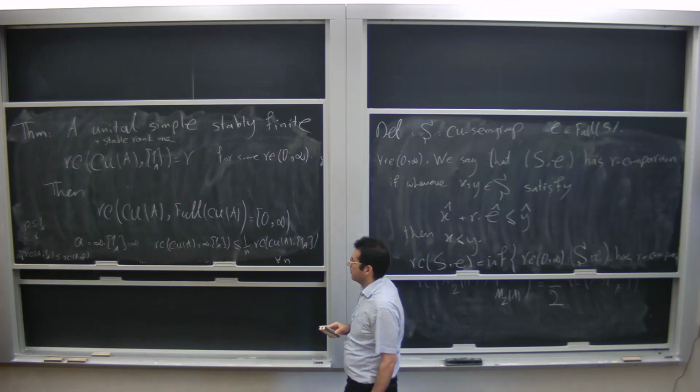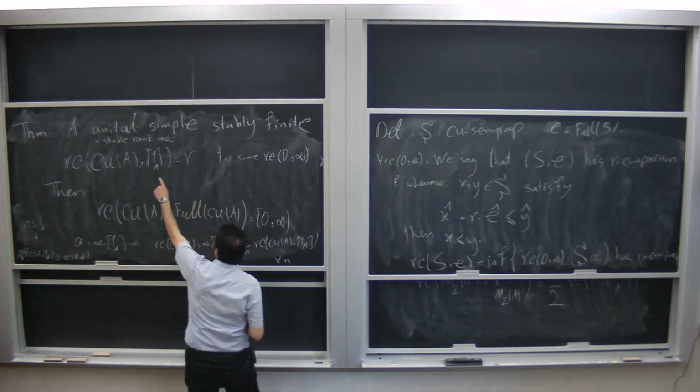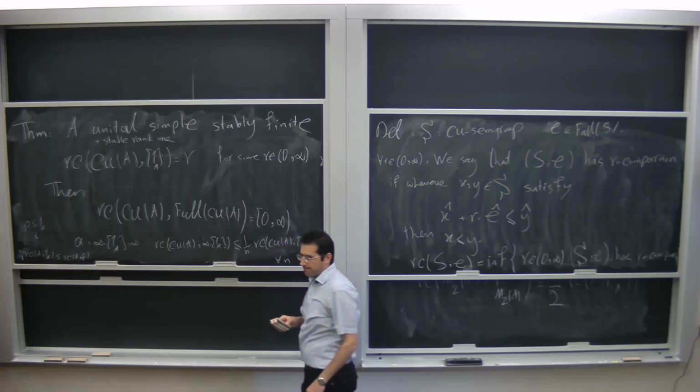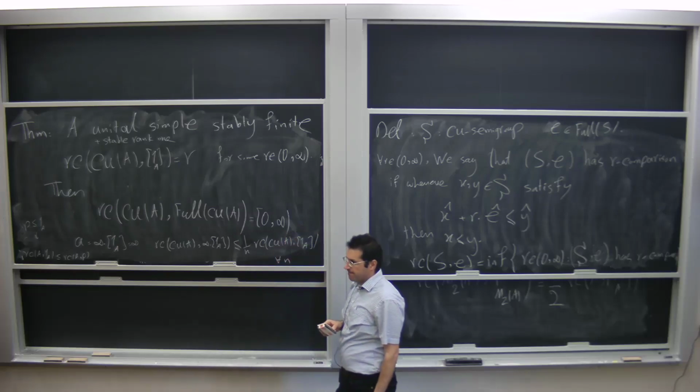Is it false in the unital case? Maybe it's still true for projections. Yeah, you mean that if I use projection here? Well, it couldn't be true for projections because there are only countably many. Sorry, say it again, which one is countable? Well, the projections are countable.